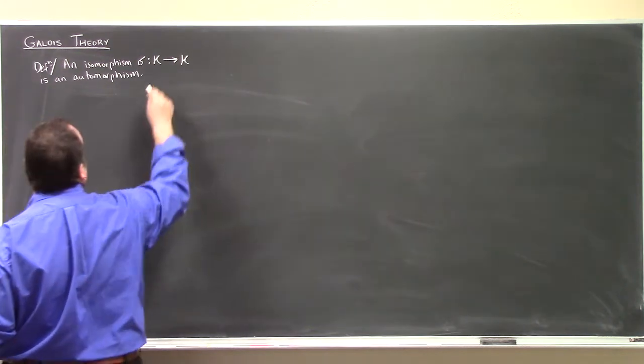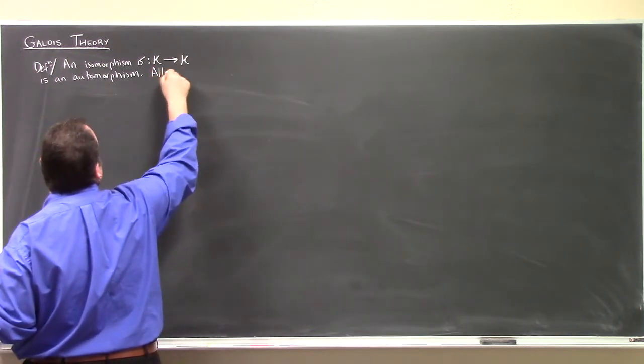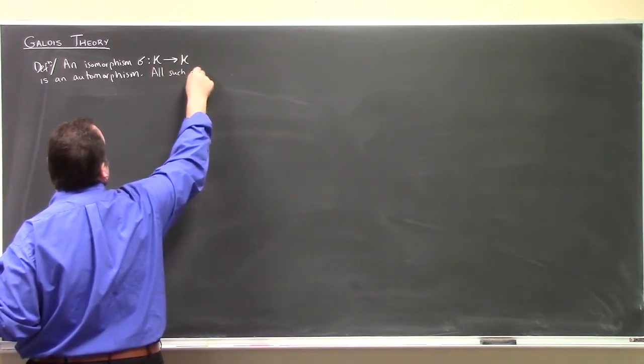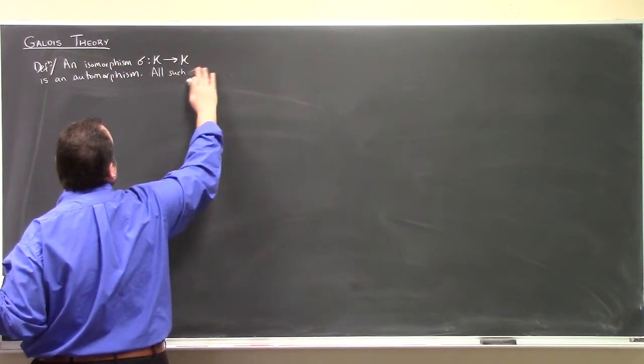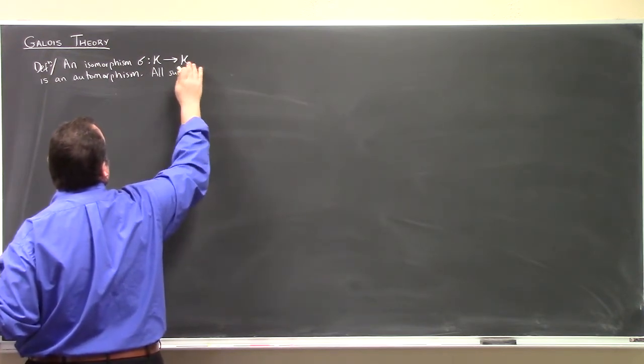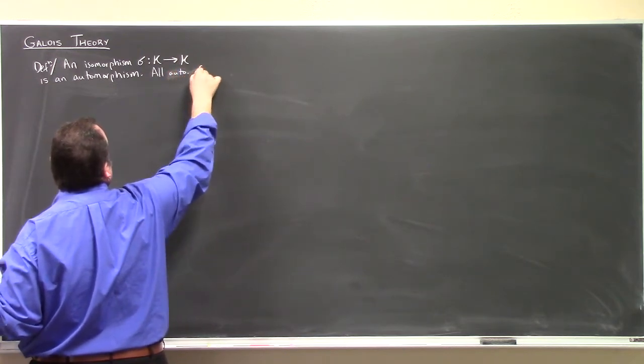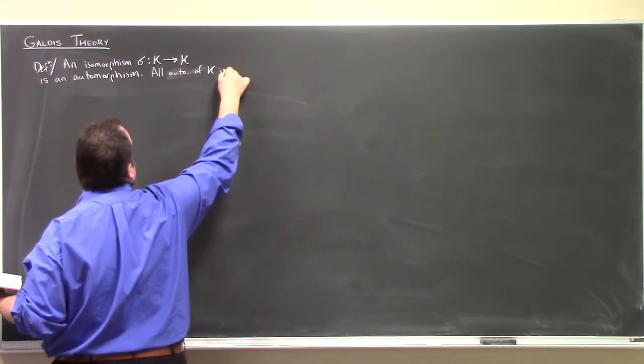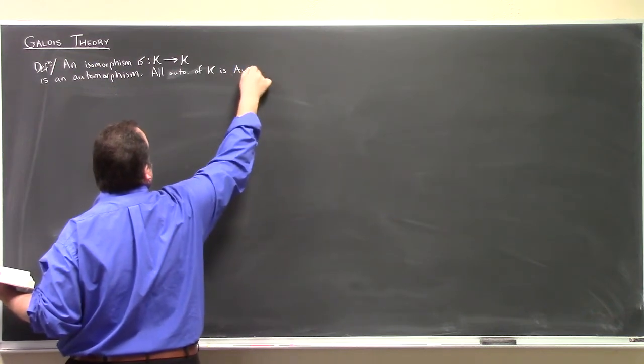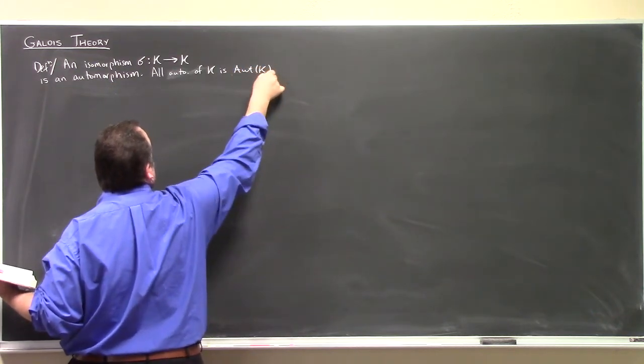And the set of all such automorphisms of K is denoted Aut(K), all right?